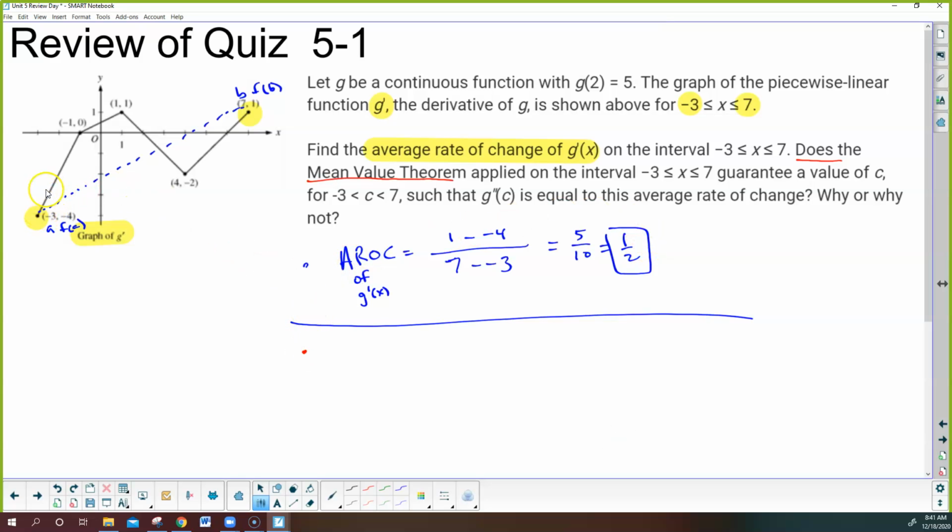first thing we have to look at is this graph continuous? And yes, it is continuous. So that checks off the first part of the hypothesis, but this graph is not differentiable at those points.